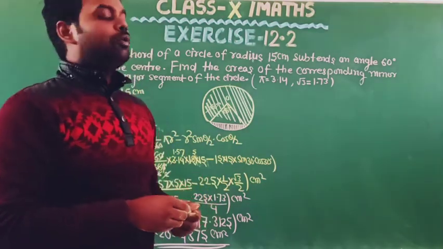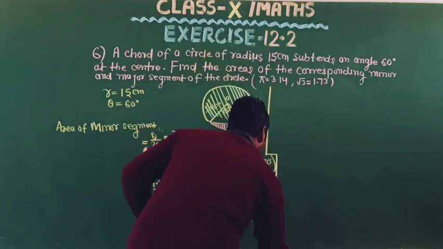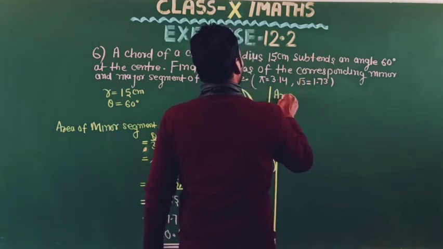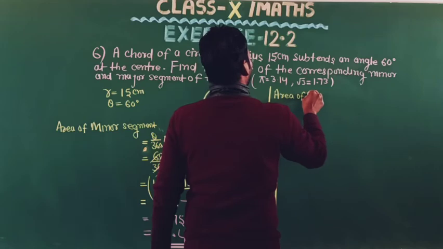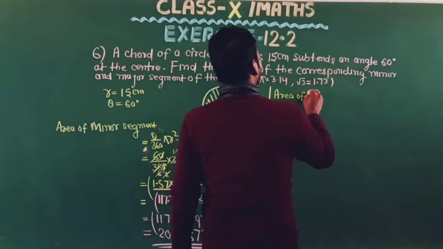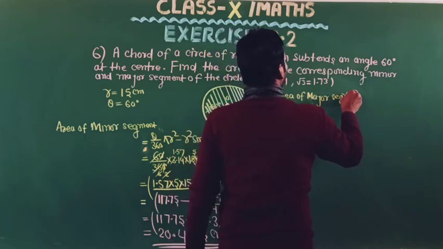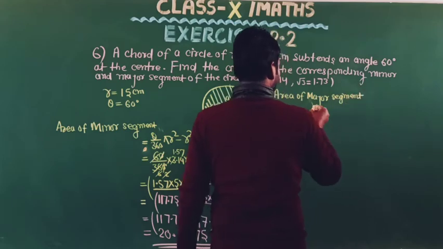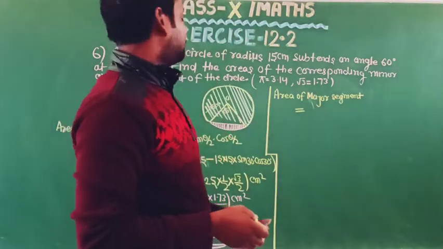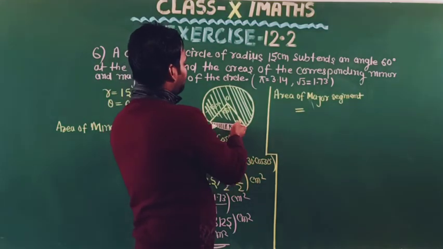We know the area of the major segment is calculated by the area of the circle minus the area of the minor segment.